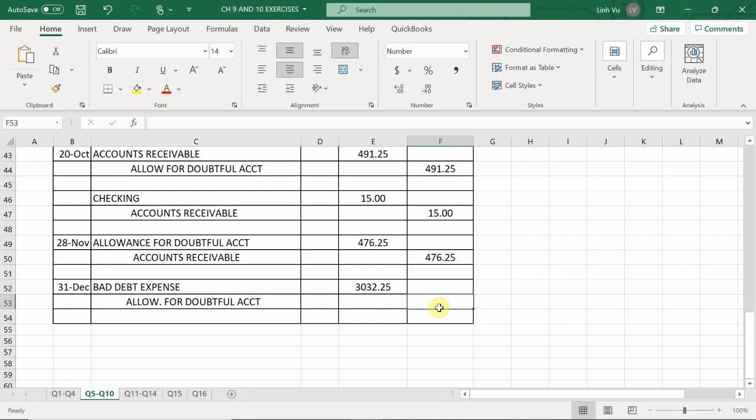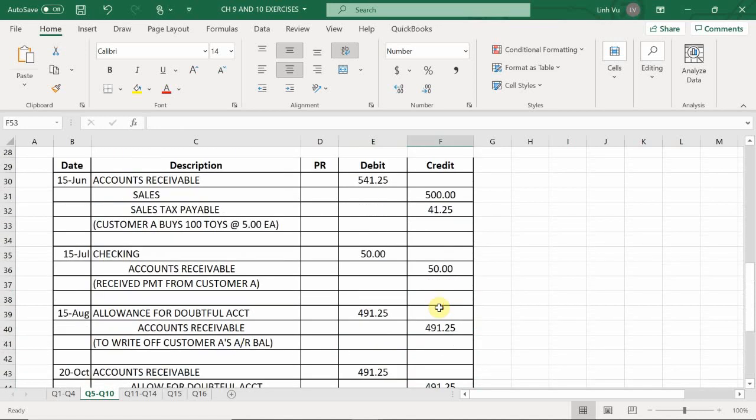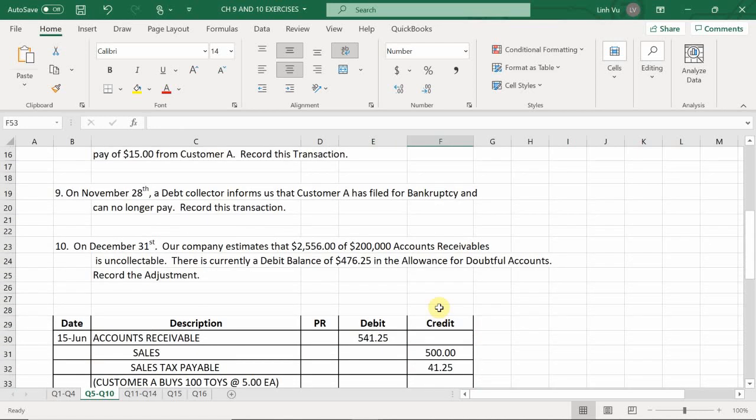$3,032.25. Because if you remember, let's analyze that problem one more time. I have an estimated amount of $2,556. The key word here is accounts receivable. This means we're using the balance sheet method. In the balance sheet method, the allowance for doubtful accounts does appear on the balance sheet.